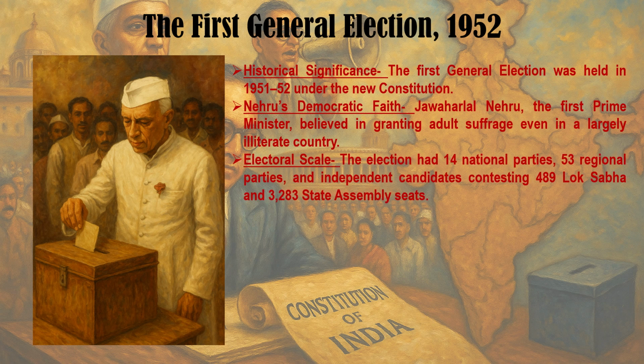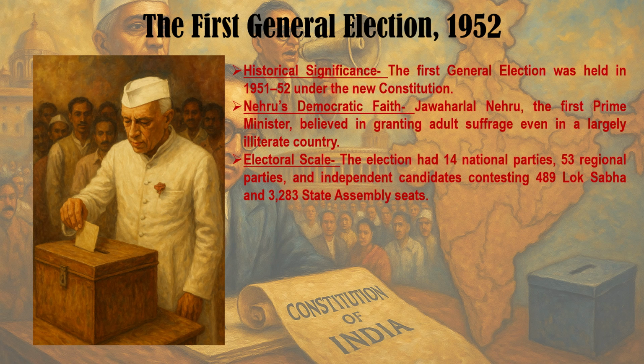And this process is called adult suffrage. The election had 14 national parties, 53 regional parties, and independent candidates contesting 489 Lok Sabha and 3,283 state assembly seats.